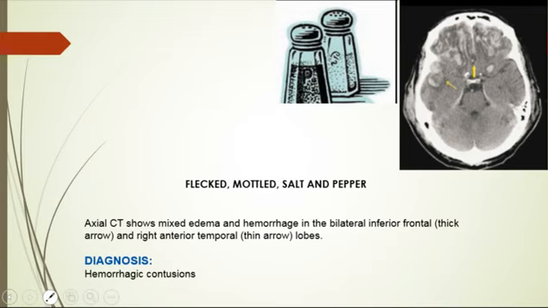Opposite. Okay? Confluent areas of edema in the inferior frontal and anterior temporal lobes are the result of impaction against the cribriform plate and the sphenoid wings, the coup. Okay? The frontal lobe will impact against the calvarium, against the ethmoid, against the temporal bone, resulting in the injury.